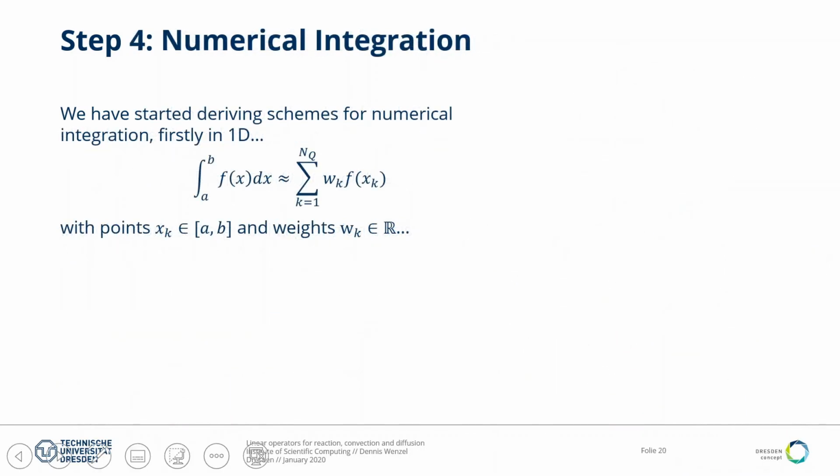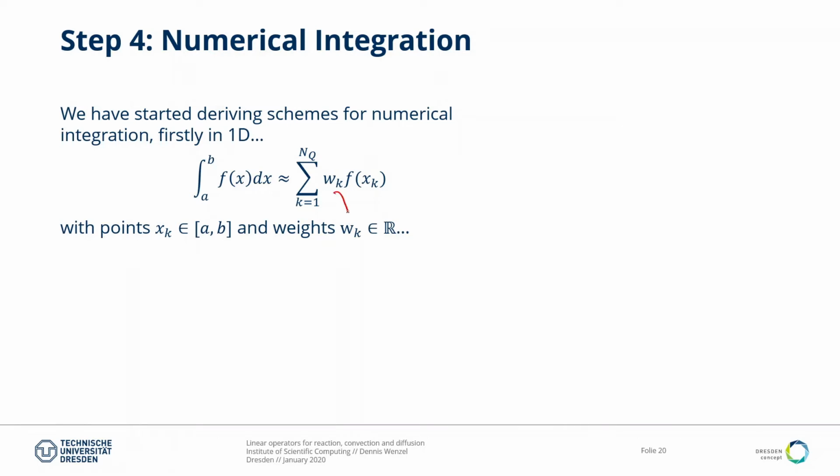And the next step was to do numerical integration, because integrals occur naturally from our weak formulation. We had to get some way of actually handling them on the computer, so we started deriving schemes for numerical integration in 1D that were able to approximate an integral over an arbitrary function f over some interval from a to b by a summation of certain weighted function evaluations.